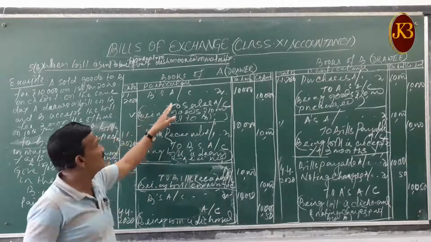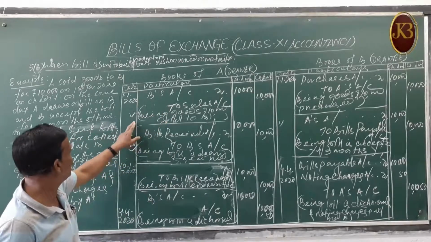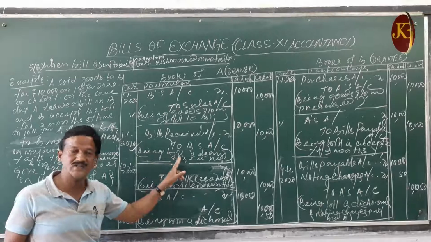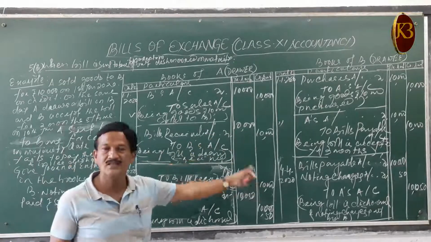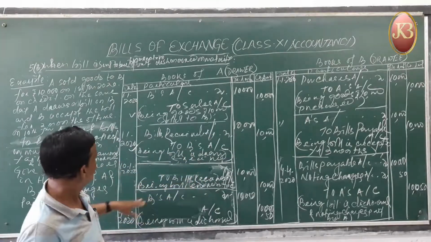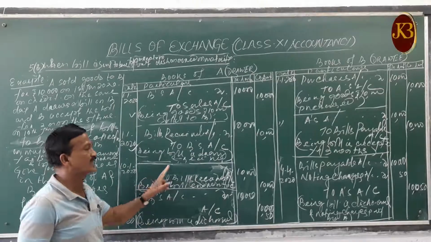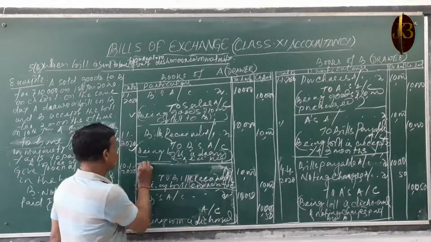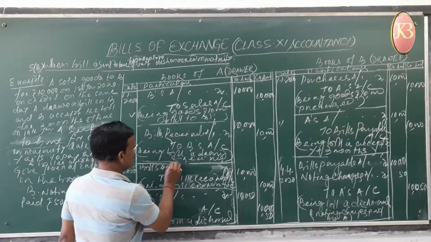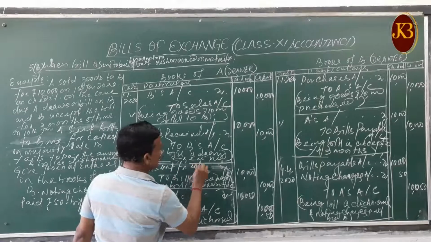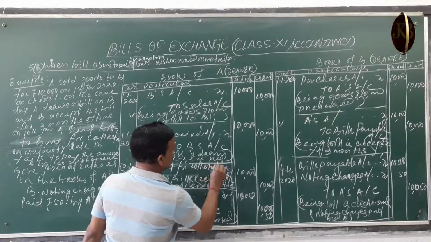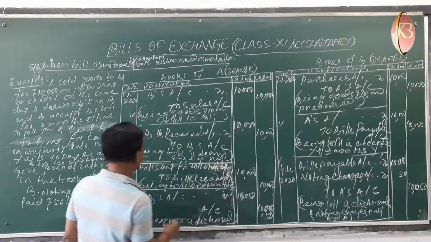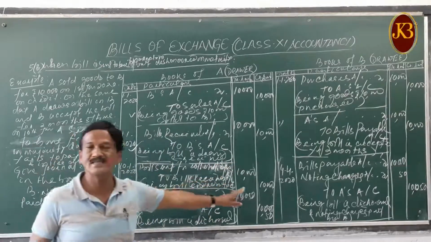So first entry, sales entry, will remain the same, no changes. Second entry, the bill is received from the drawee, there will be no changes. Then third entry, the bill is sent to the bank for collection. So bill sent for collection account is debited to bills receivable account.